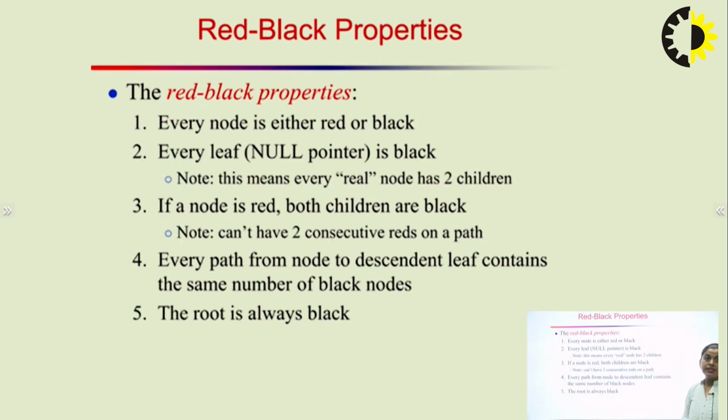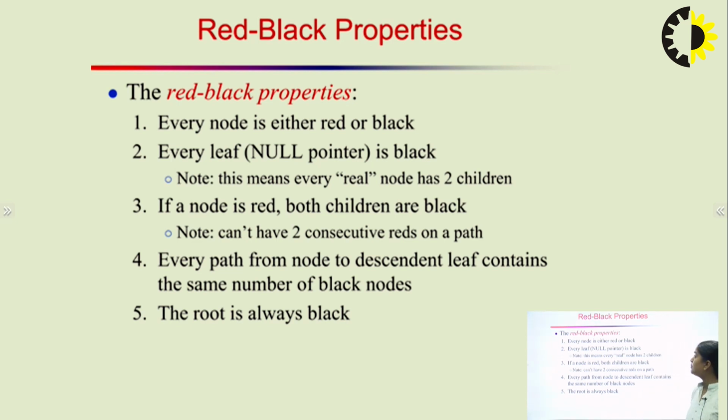Now, these are the 5 most important properties we have to check after every operation. Maybe insertion is there, maybe deletion is there. These properties must be followed. If in an operation, insertion or deletion, any property is violated, then we have to fix it.